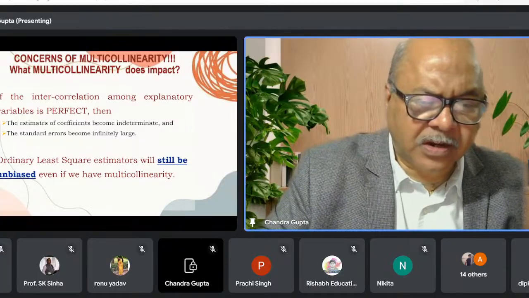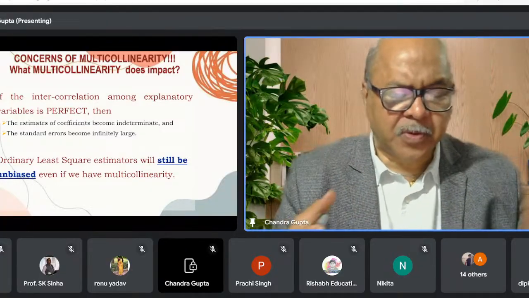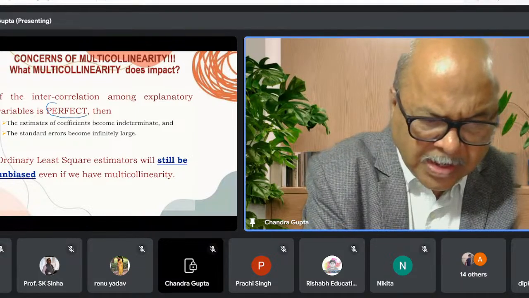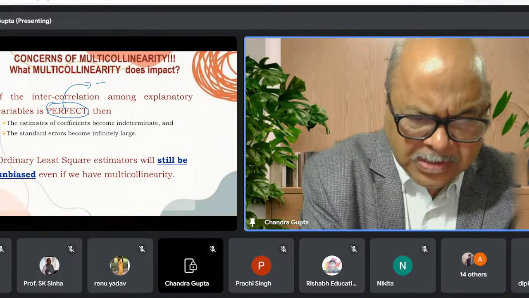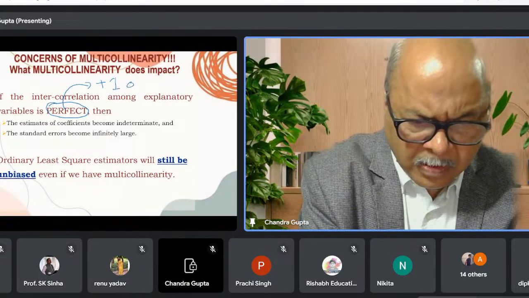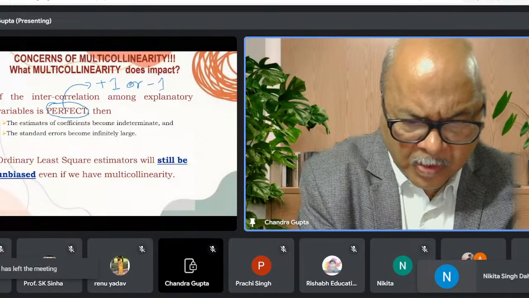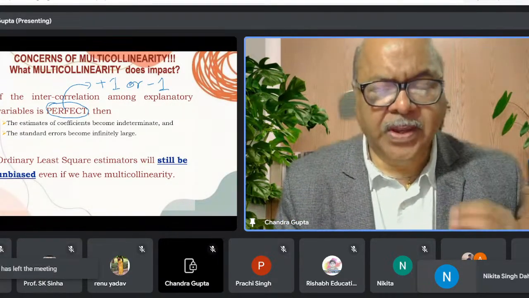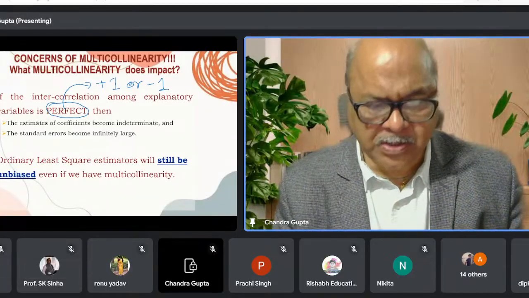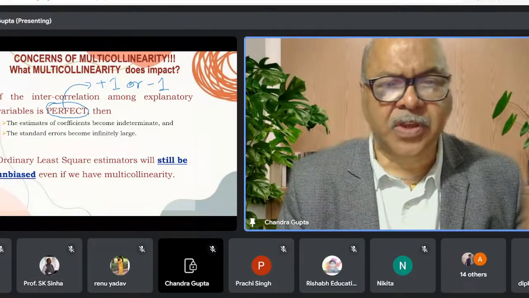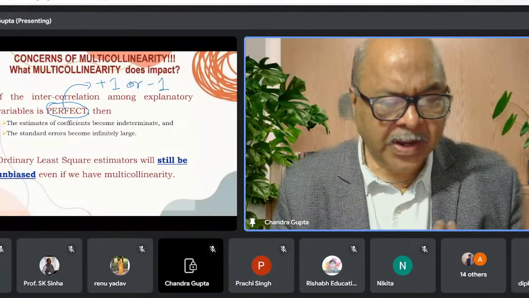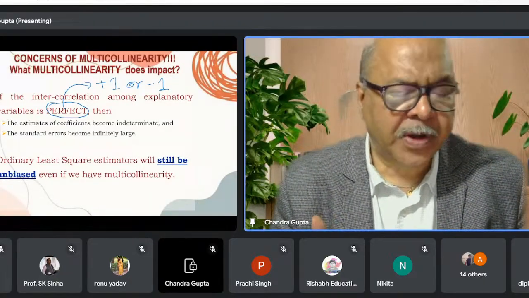If the intercorrelation among the explanatory variables is perfect, when I say perfect, that means it is either plus 1 or minus 1, then we cannot estimate the coefficients of the model as they become indeterminate, and we cannot get anything from that particular model.